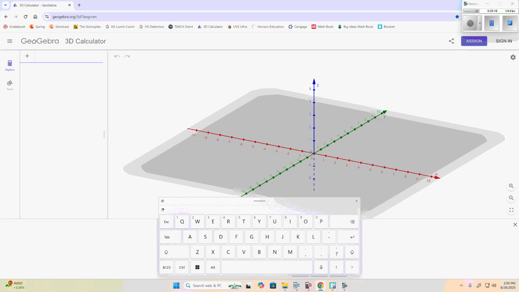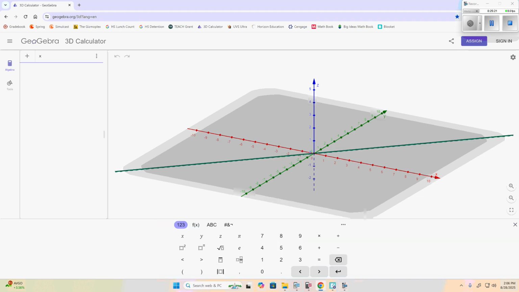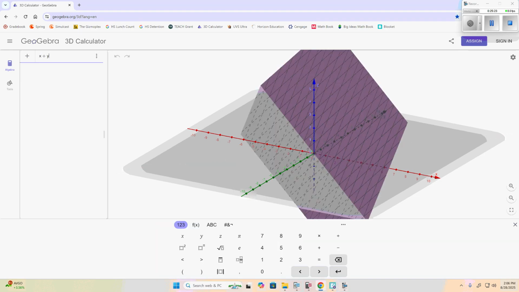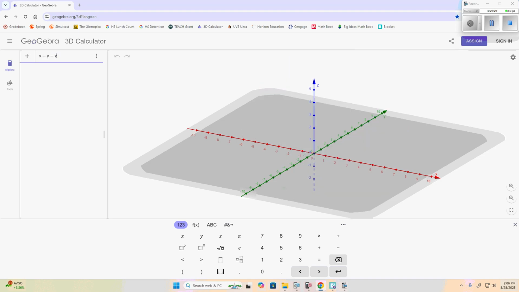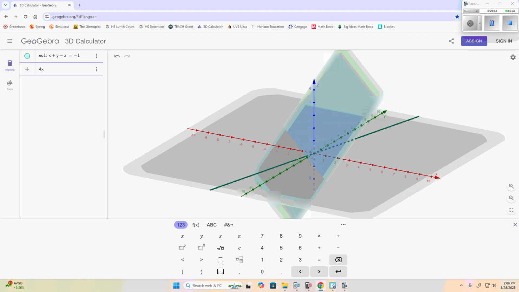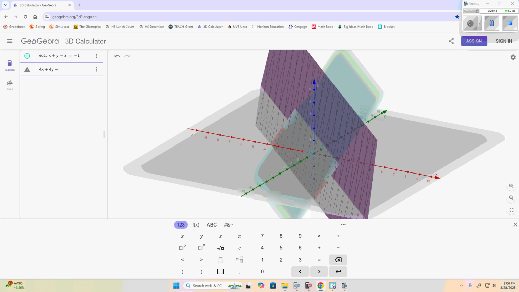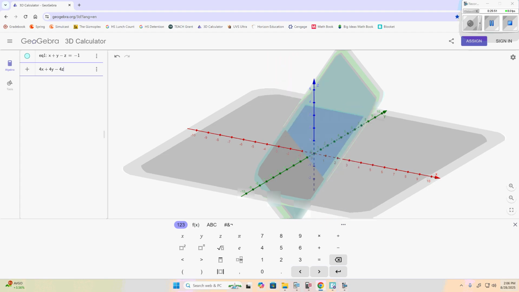So we can say x plus y minus z equals, oh, I gave you another plus, equals -1. Then we have 4x plus 4y minus 4z equals -2.